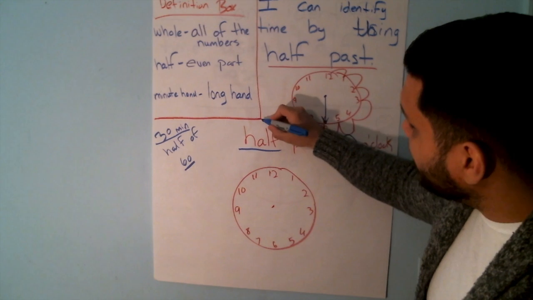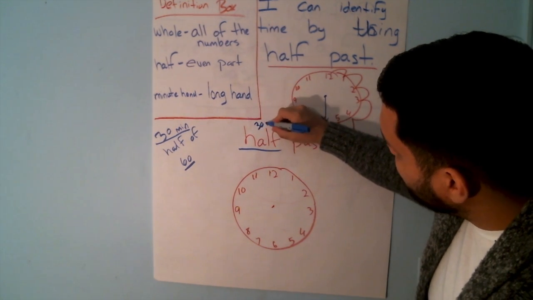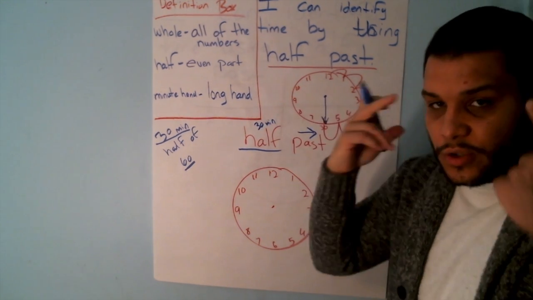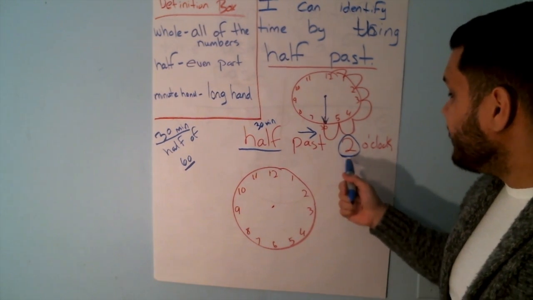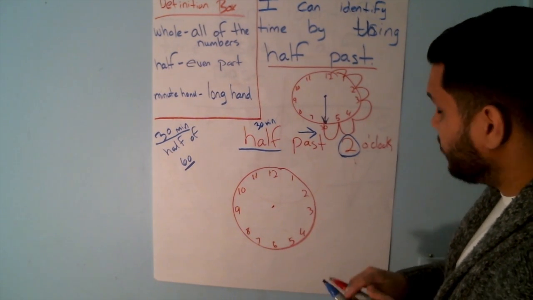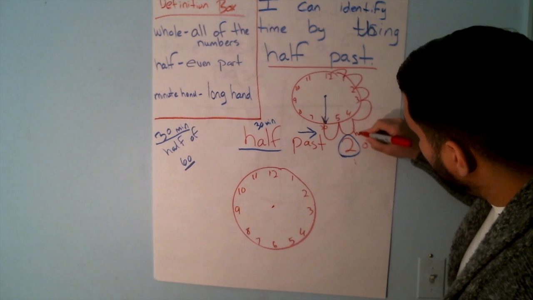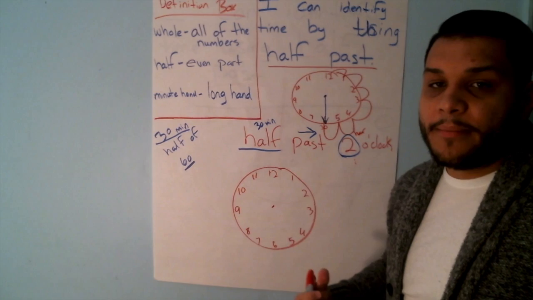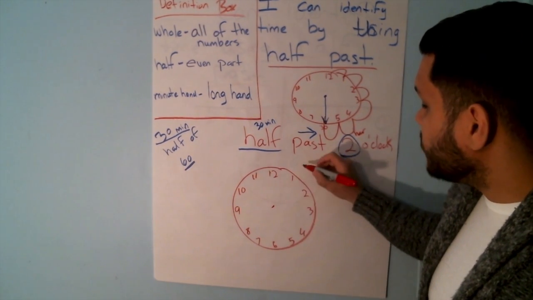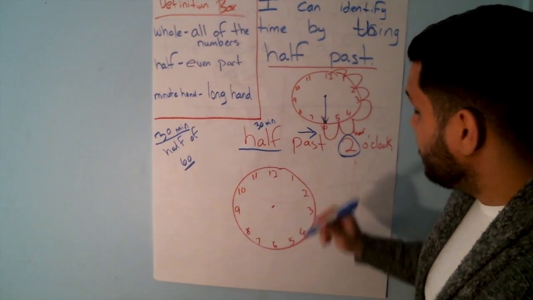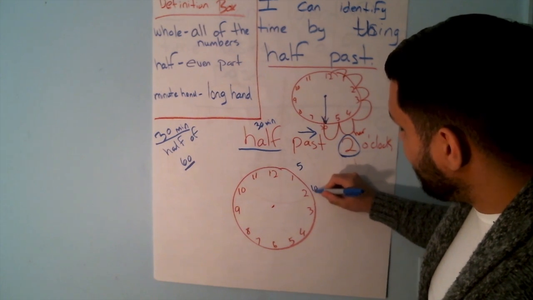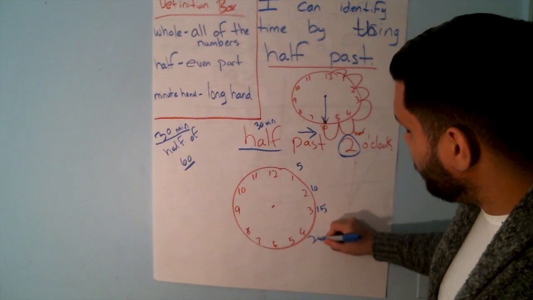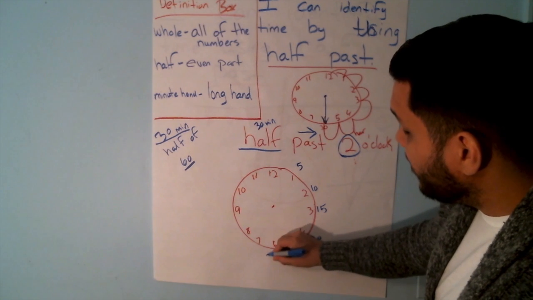So I want half. So I know I need to get 30 minutes. I'm going to write that 30 minutes there just to remind myself. I have my 2. That is my hour. So I know that's my short hand because my hour is my short hand. Okay. So I'm going to break this down counting by 5s. I'm going to count my minutes first. So here I have, count with me, 5, 10, 15, 20, 25, 30.